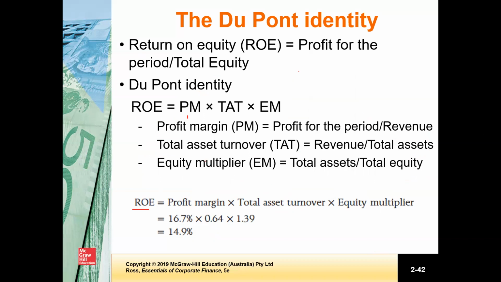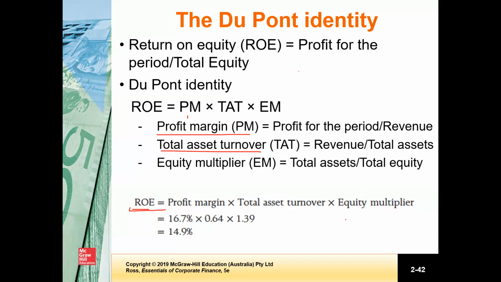So if you are not efficient in managing your expenses, if you are not efficient in managing your assets, your profit margin and total asset turnover decline. So will be your return on equity. Okay, this is one point.